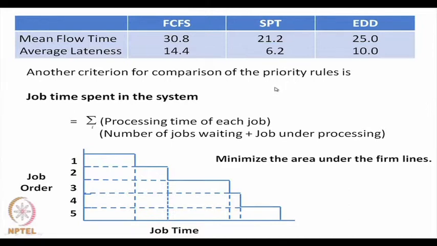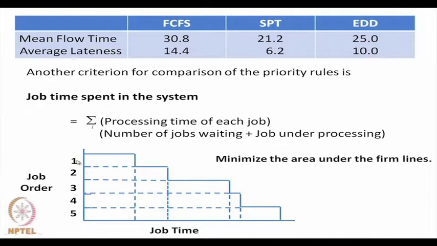Now, here we are suggesting still another criterion. Look at this, this is the job time and this is the job order for the first come first serve priority rule. What is the first come first serve priority rule?